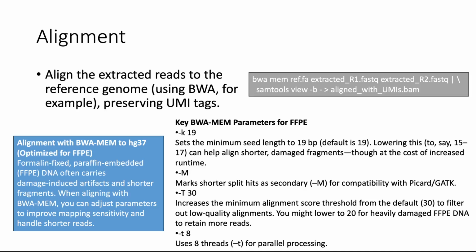Now we're able to proceed with alignment, and on this stage we're aligning extracted reads to the reference genome. So we need to have our reference genome already ready to use these tools. For example, we can use HG37 or 38, and we also have different settings for these tools.